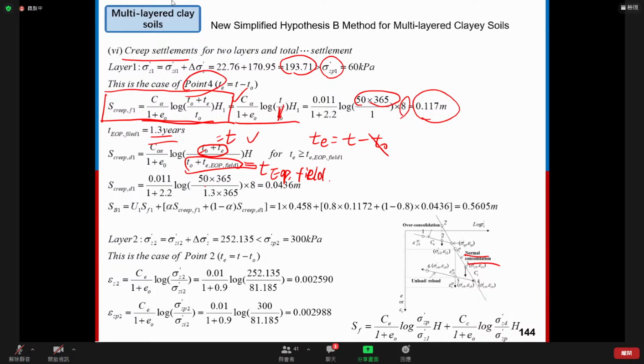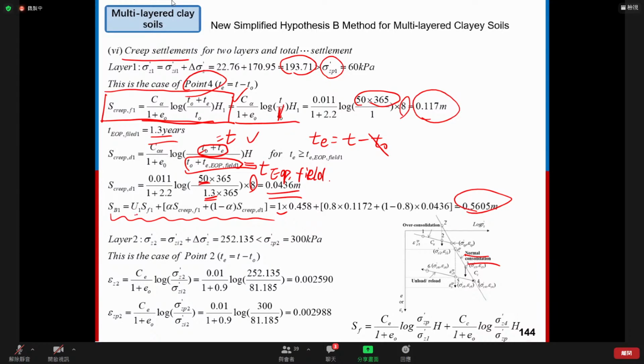So we put the value here. The TEOP at the field, 1.3 years, T, 50 years, no problem. Then multiply the thickness of the soil layer, we get the S-creep delay for the layer 1. Then we just use this simplified hypothesis B method to get the final result.